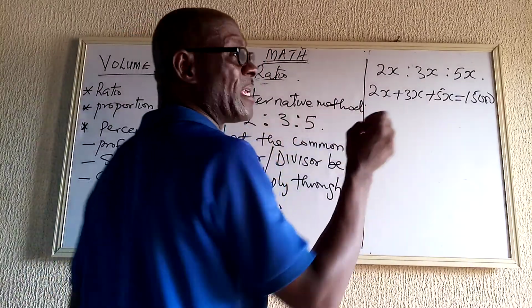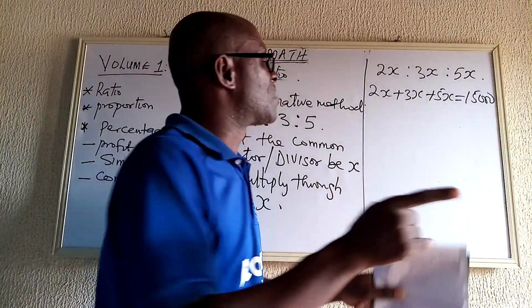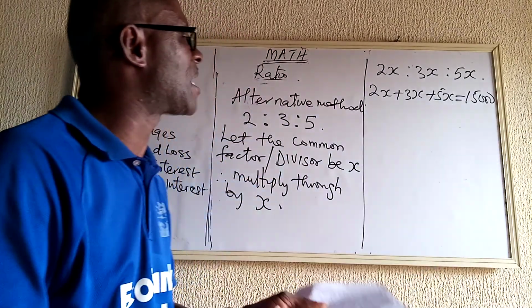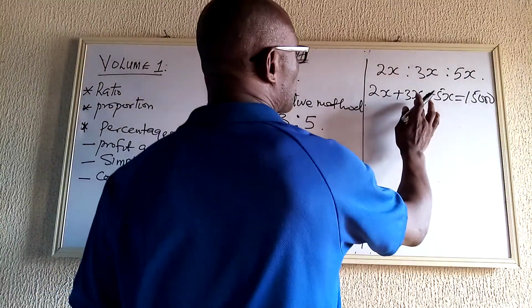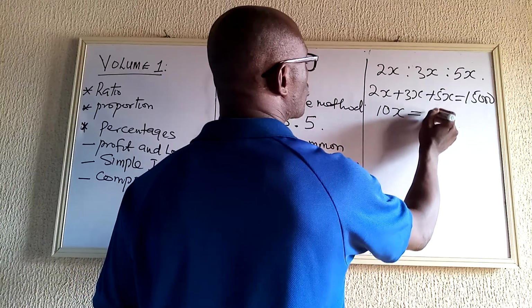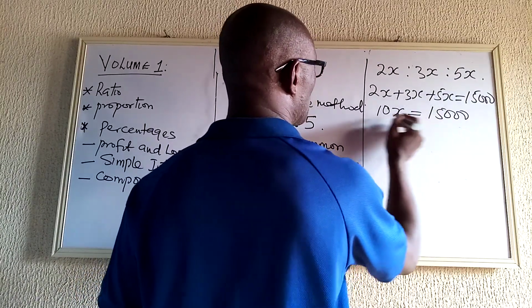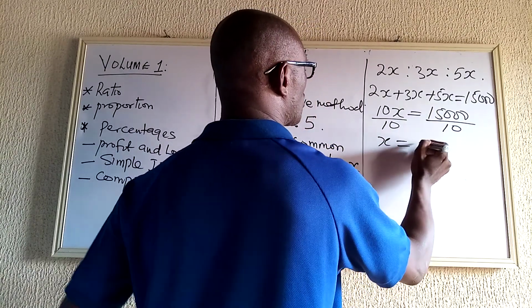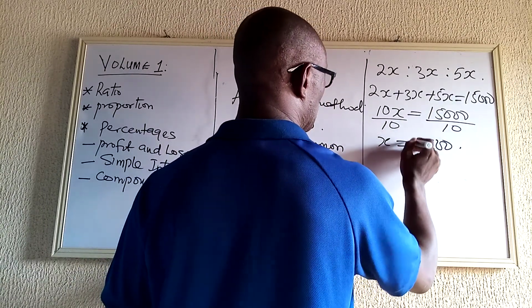So when you add all the shares together, it must amount to the profit shared, which is 15,000. So 2X plus 3X plus 5X will give me 10X, which equals 15,000. Divide both sides by 10, X will be equal to 1,500.